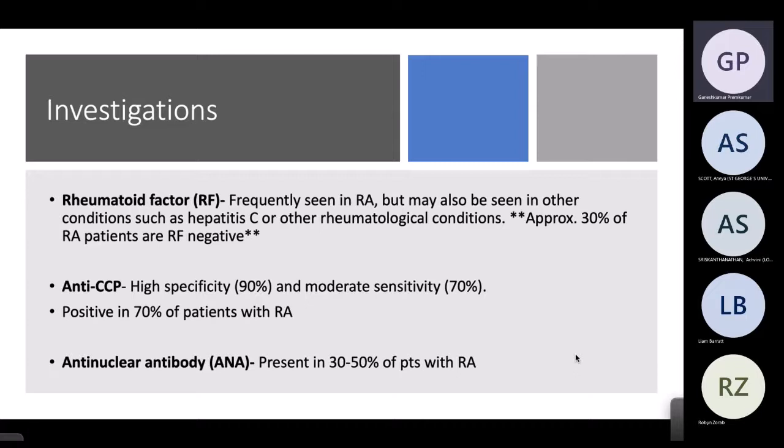And finally, anti-nuclear antibody. Now, this isn't often done because anti-nuclear antibody is present in the majority of autoimmune conditions. It's not specific at all. So you would have that in SLE, you have it in Sjögren's, you'd have it in basically most autoimmune conditions. It is present in about 30 to 50% of patients with rheumatoid arthritis. Again, because it's not specific, it's not as helpful.